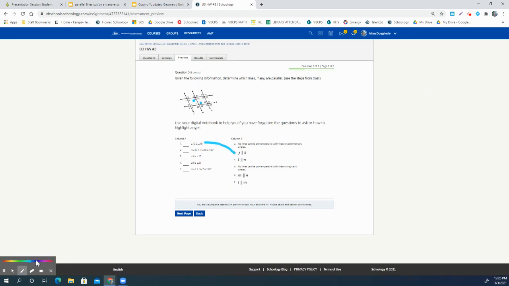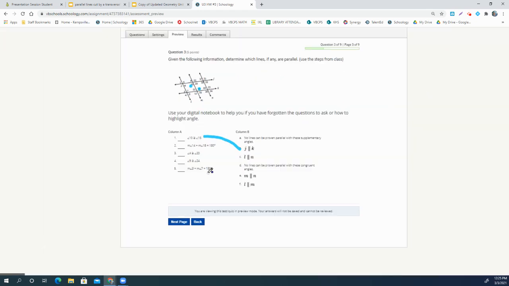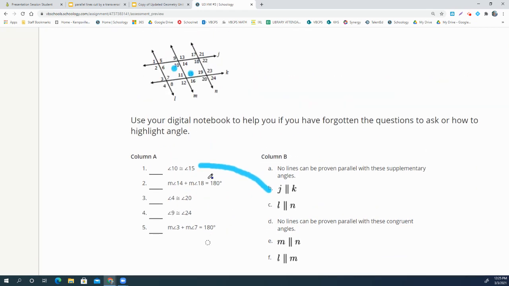Then the next one is 14 and 18 make 180. So 14 and 18 make 180. What does that tell me? They are supplementary. Should they be supplementary? They're on transversal J. So they're same side interior.